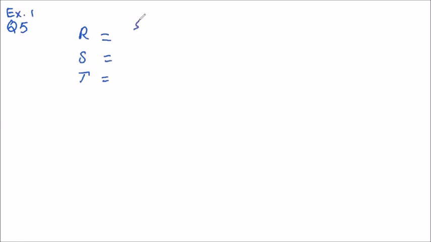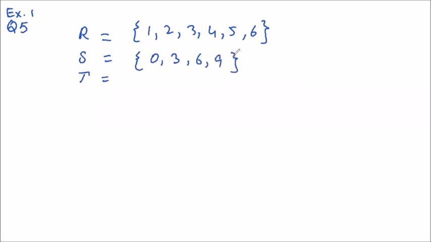R is from 1 to 6, and S is multiples of 3 up to 9, and T consists of odd numbers 1, 3, 5, and 7.